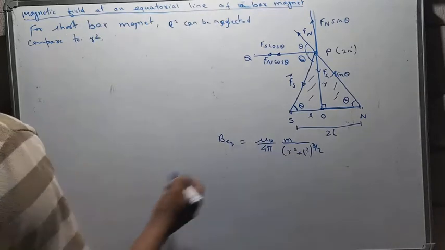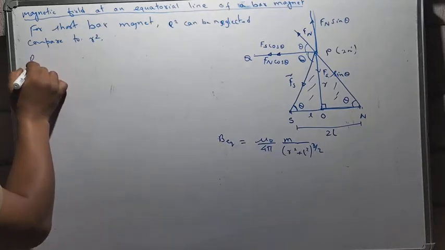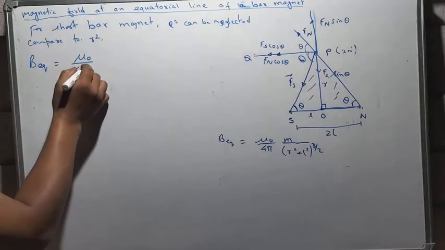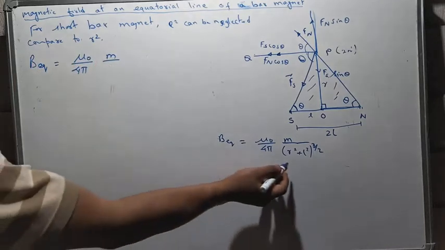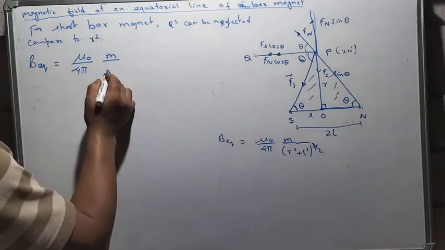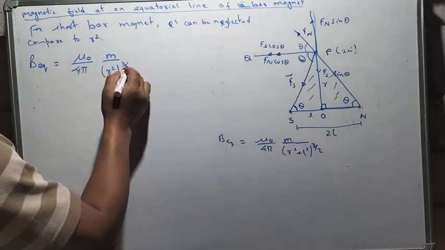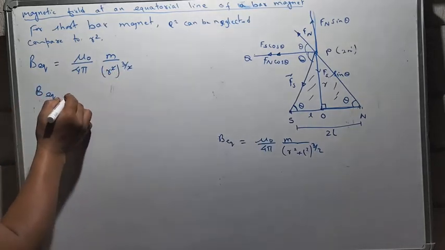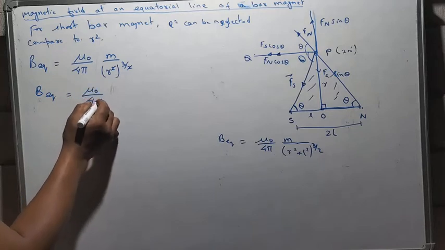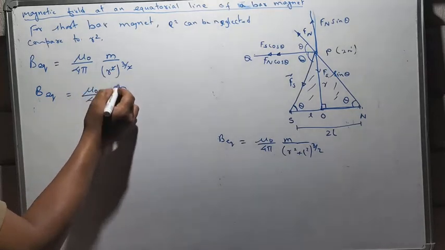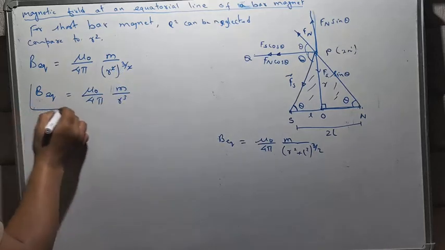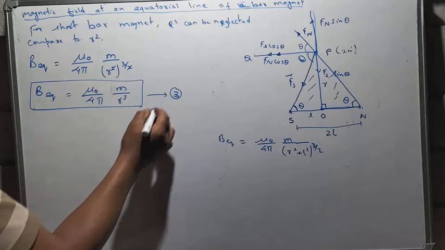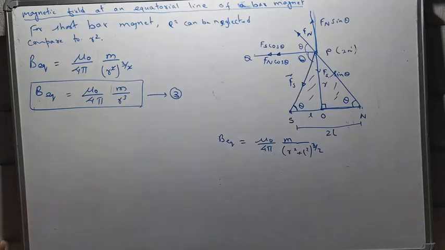So if we neglect this L square, then you will have B equatorial is equals to just mu naught upon 4 pi m upon R square to the power 3 by 2. Now this 2 with this 2 cancel, so your B equatorial is equals to mu naught upon 4 pi m upon R to the power 3. So this is the magnetic field at the equatorial point of a bar magnet.